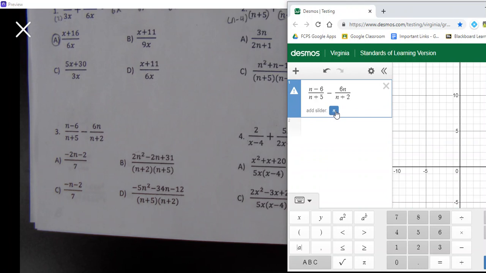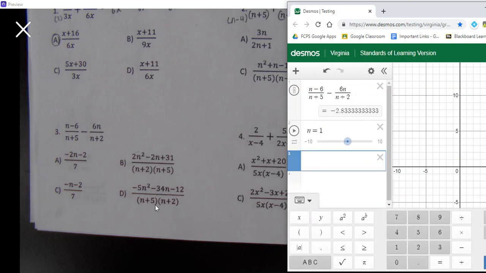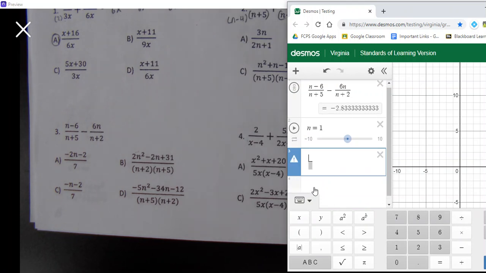Now it's going to ask you to put a slider. That means we're going to put some number in there. By default it's going to be 1. Since D is my closest, let me put that in. I'm going to put my fraction bar in the numerator.